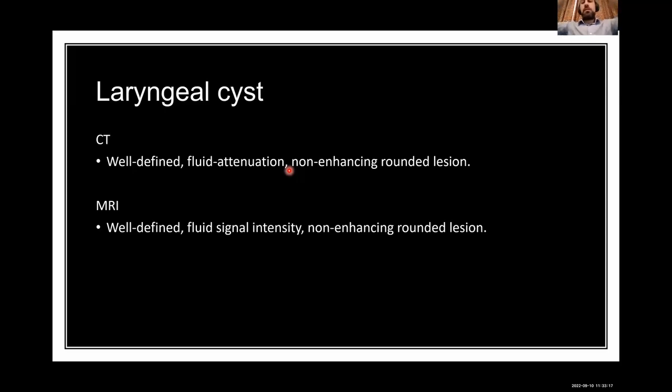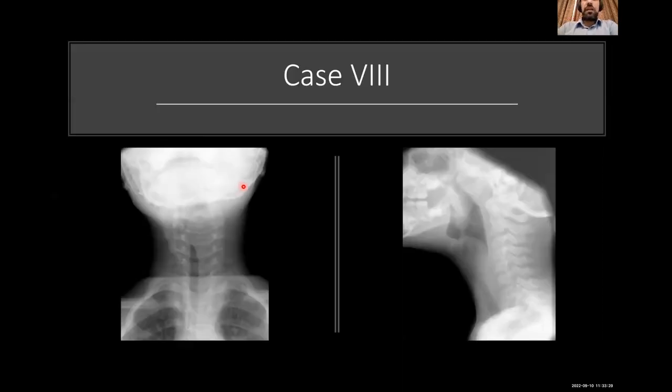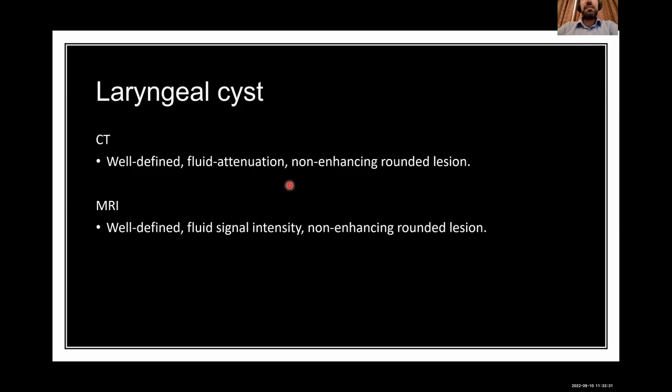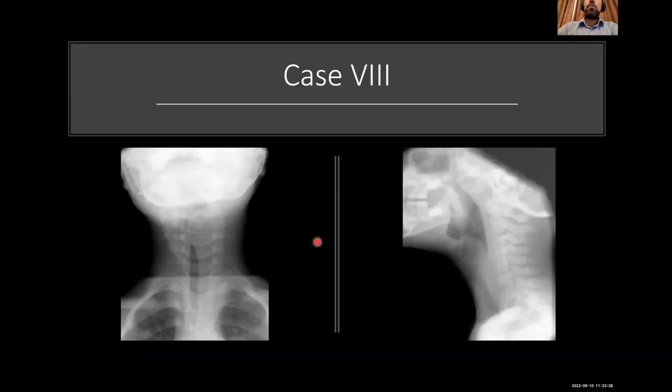Croup should be symmetrical and from both sides. When it comes from one side, it should be a laryngeal cyst or hemangioma or the like. This was a non-enhancing, rounded, well-defined lesion with fluid attenuation on CT. Croup should not look like that. Here it comes from one side, so it is not croup.